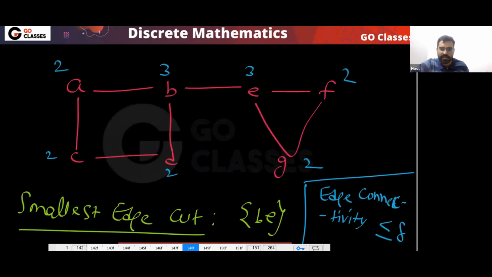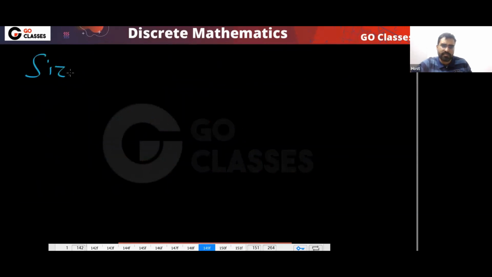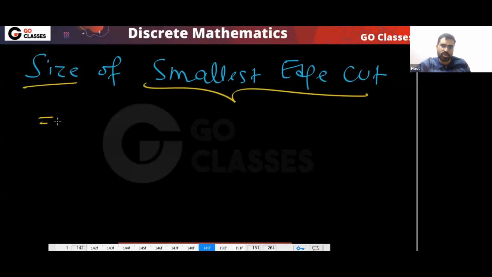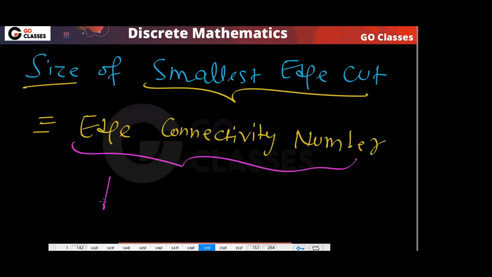People use the lambda symbol for it, so lambda is less than or equal to delta.